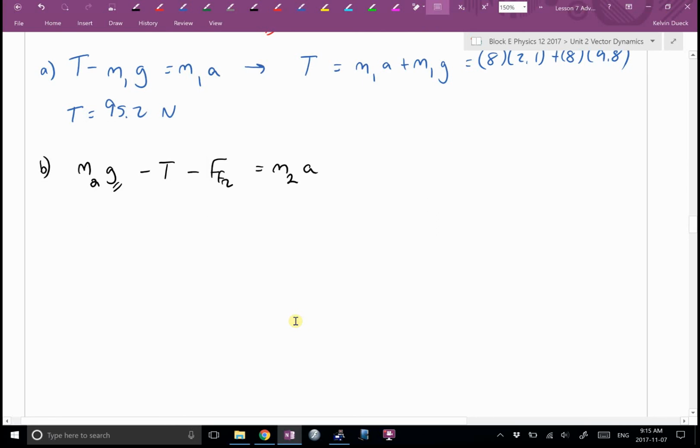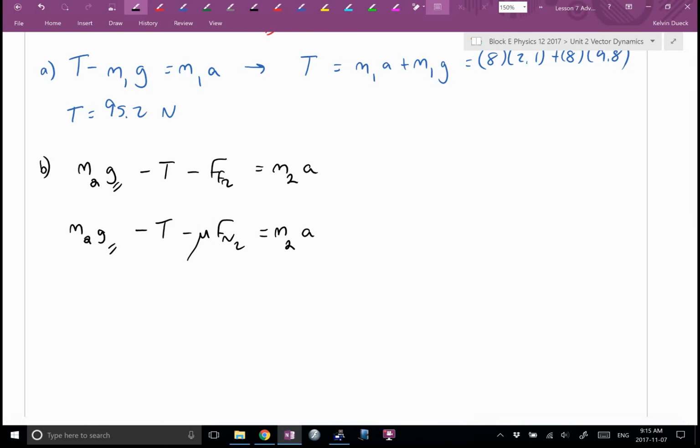Friction is what times what? Mu times the normal force, so times normal force number 2. So it's going to be M2G parallel minus tension minus mu normal force number 2 equals M2A. I don't know normal force number 2.